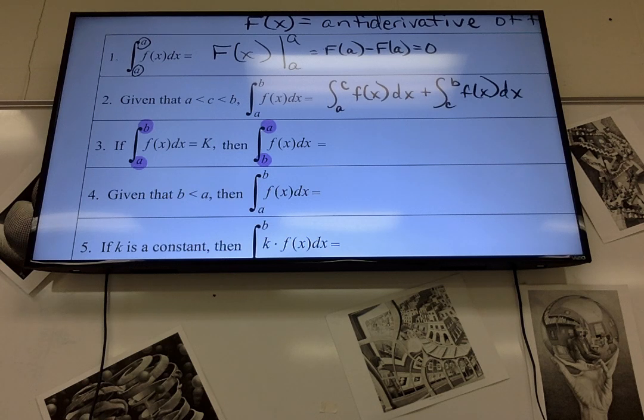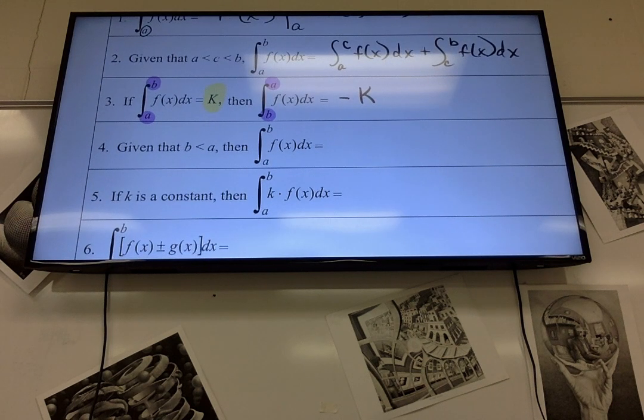So that's just going to change direction, which just changes the sign. So if the answer here was K, then here it would be negative K. So if for some reason you have to flip-flop the endpoints, you just change the sign. That's all it does.